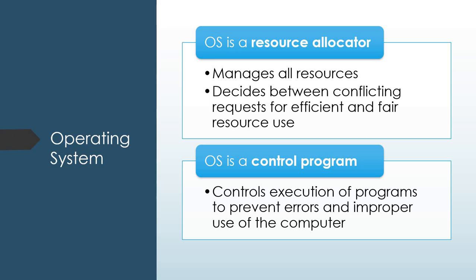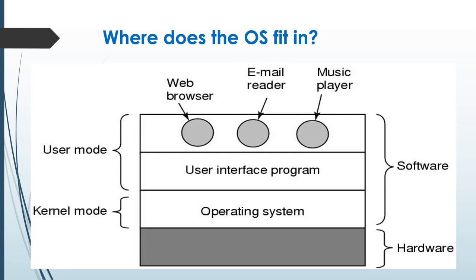It controls the execution of programs to prevent errors and improper usage of the computer. Anyone doing improper activities, everything comes under controlling the program. So these two things are among the most important work of the operating system.